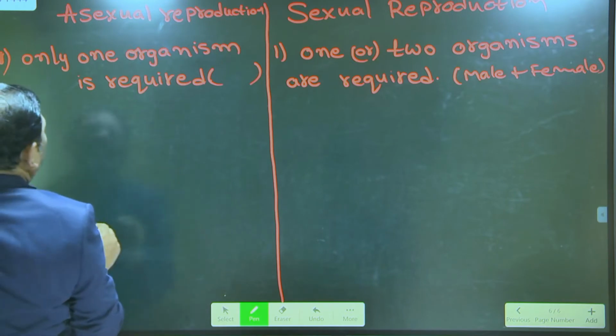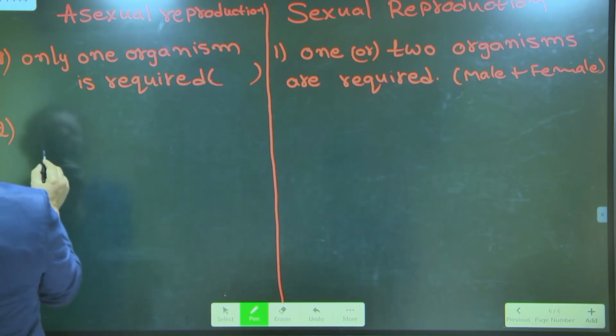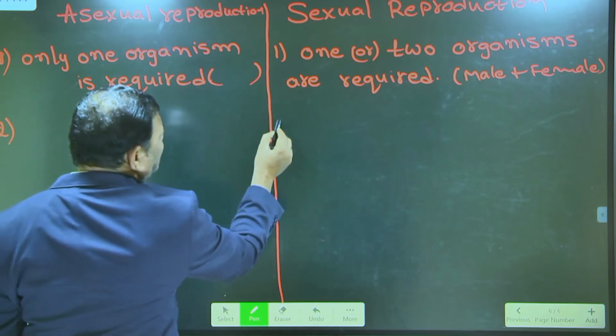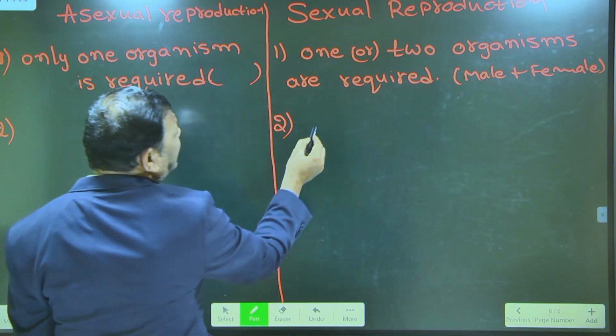Second point: in sexual reproduction, gametes are formed.